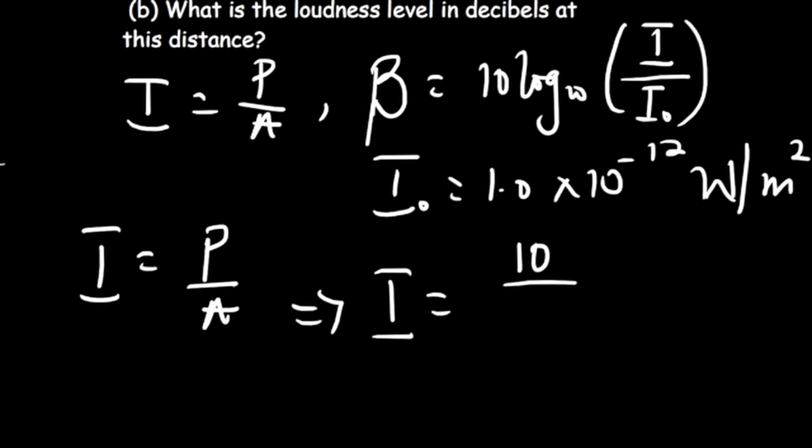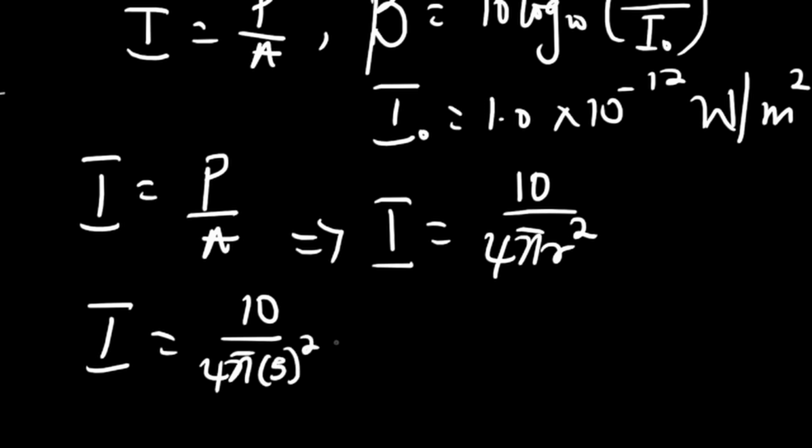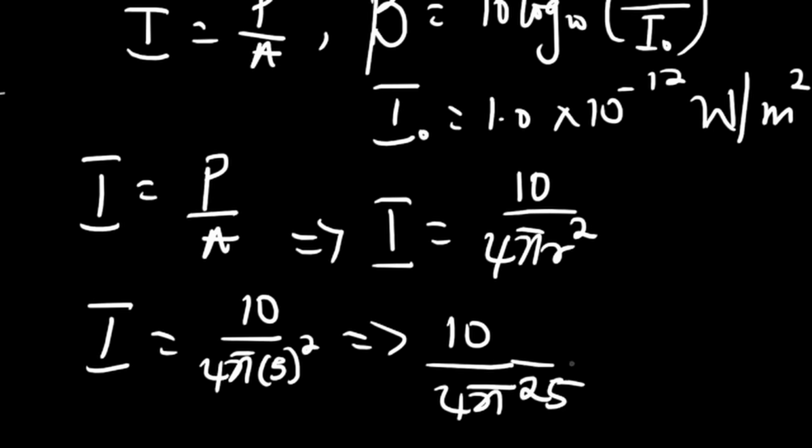Based on the inverse square law, area is given as 4 pi r squared, where r is the radius. So let's substitute what we have. The intensity is equal to 10 over 4 pi, and our radius is 5, and then we square it. So this is 10 over 4 pi, and then we have 5 squared, which is 25.